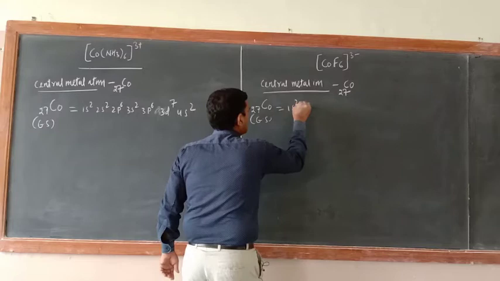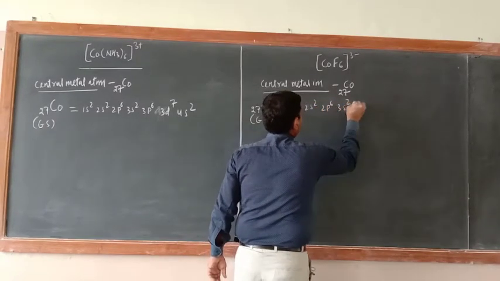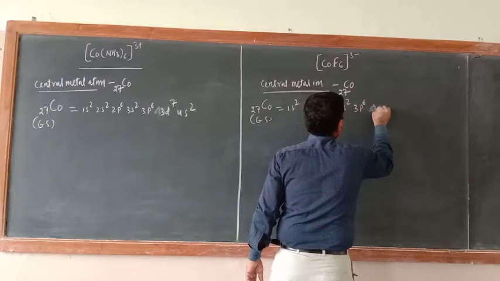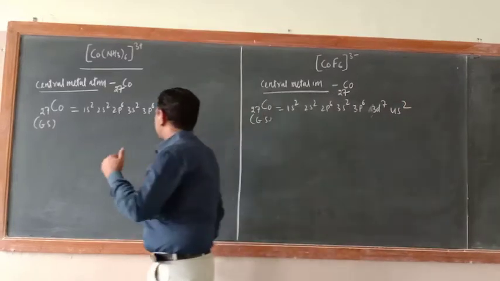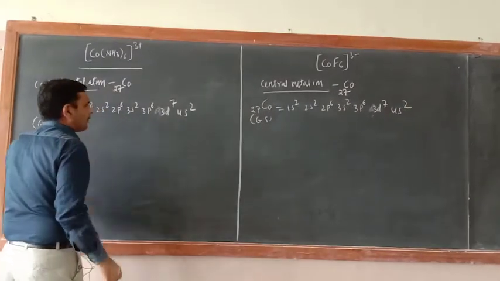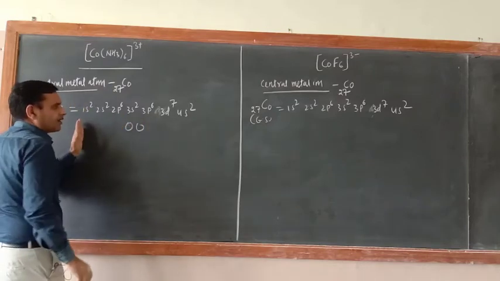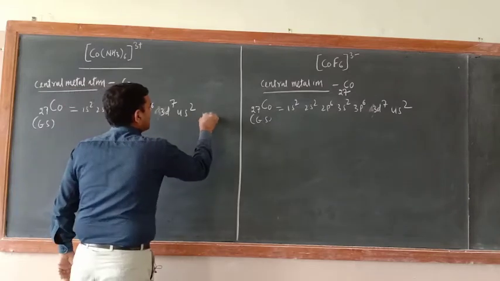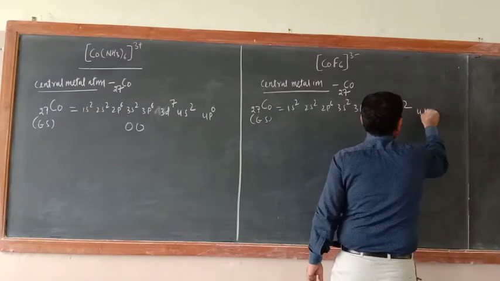Same way: 1s2, 2s2, 2p6, 3s2, 3p6, then 3d7, 4s2. Now just see, make a box for 3d, others are not required, only 3d, 4s, and here you can write 4p0. Here also write 4p0.